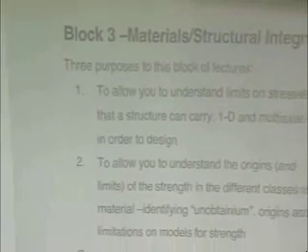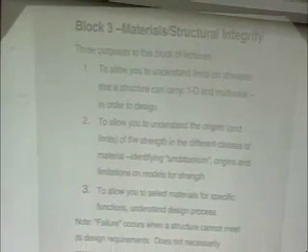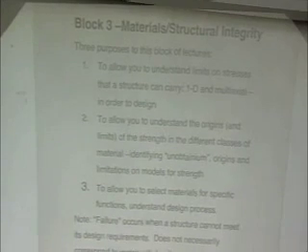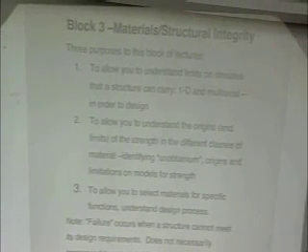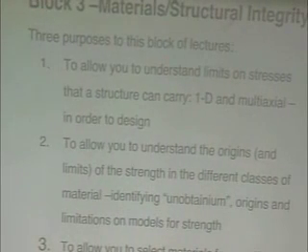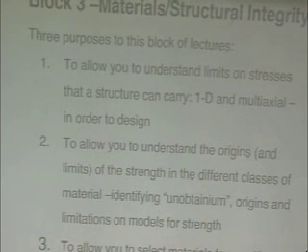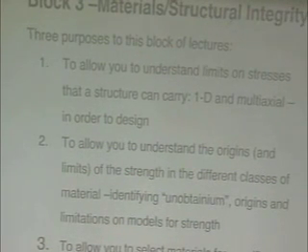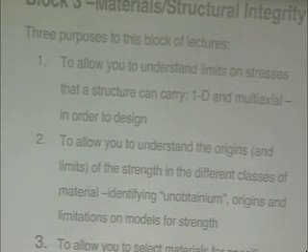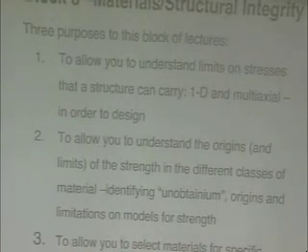And just as we had last time, there are three objectives, the same three objectives as at the end of last term when we talked about elasticity. The first one we've already mentioned. It's to allow you to understand what places the limits on the loads, the stresses a structure can carry, how the material plays into that.